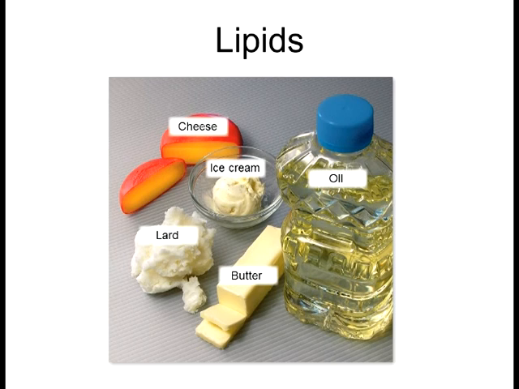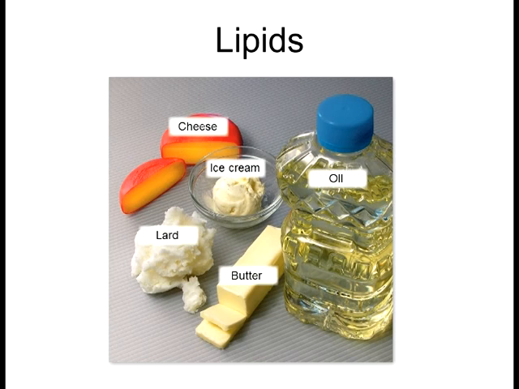Lipids. This one's not as clear-cut as the carbohydrates, because there's a variety of groups within the lipid group. It's not like carbohydrates where there's 3 monomers that pretty much build everything. Lipids, there's a lot of diversity.